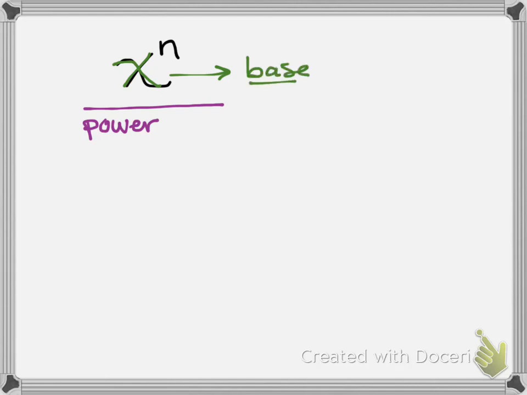All right, so let's talk about this guy here. The whole term, this whole thing, is called a power. So it includes that x and includes the n. Okay? Now, each of those pieces has a name. The x is called the base. And the base is the number being multiplied by itself.